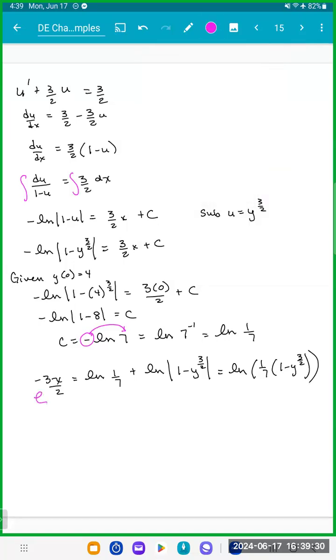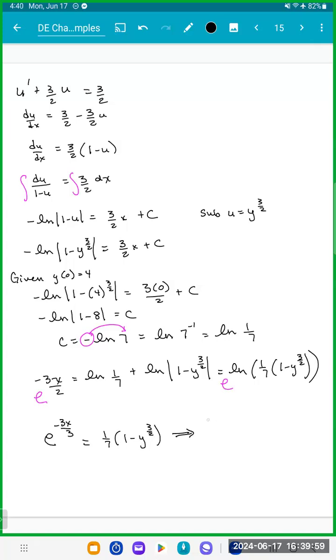We can raise each of these to the e, right? So when we do that, it simplifies. That's going to give me e to the negative 3x over 2 is equal to, these cancel, it leaves me with 1/7 times 1 minus y to the 3/2.